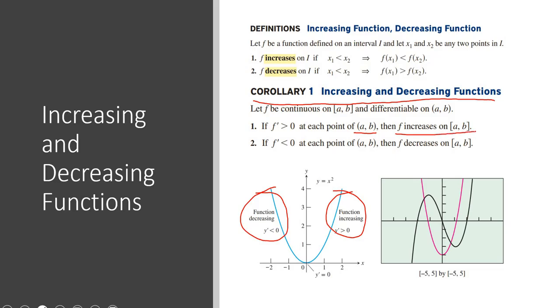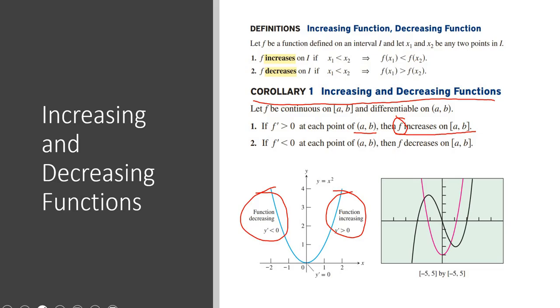So what this is saying is that if our derivative function has values that are all greater than 0 over a certain interval, then our original function f is increasing over that interval. And conversely, if the derivative is negative over a certain interval, then the original function f has to be decreasing over that same interval.